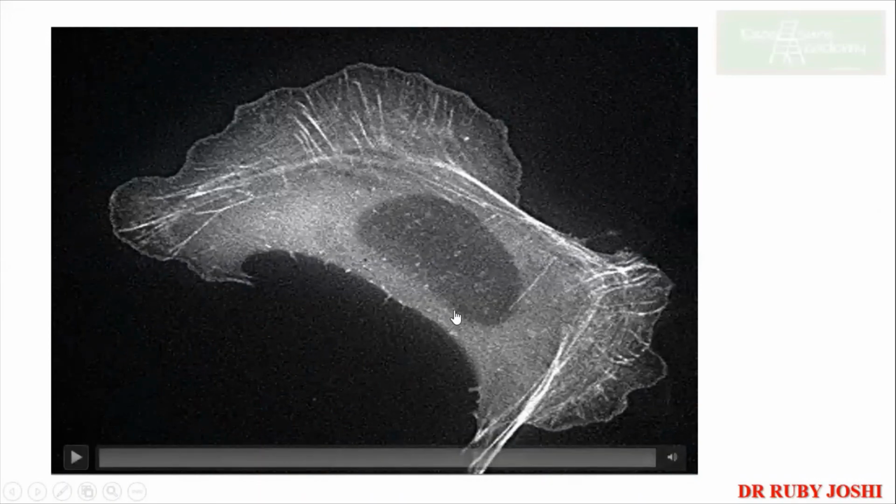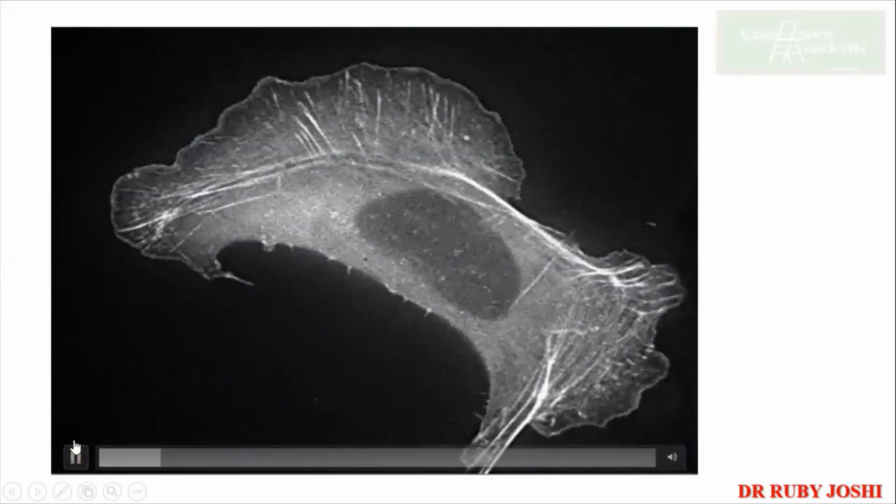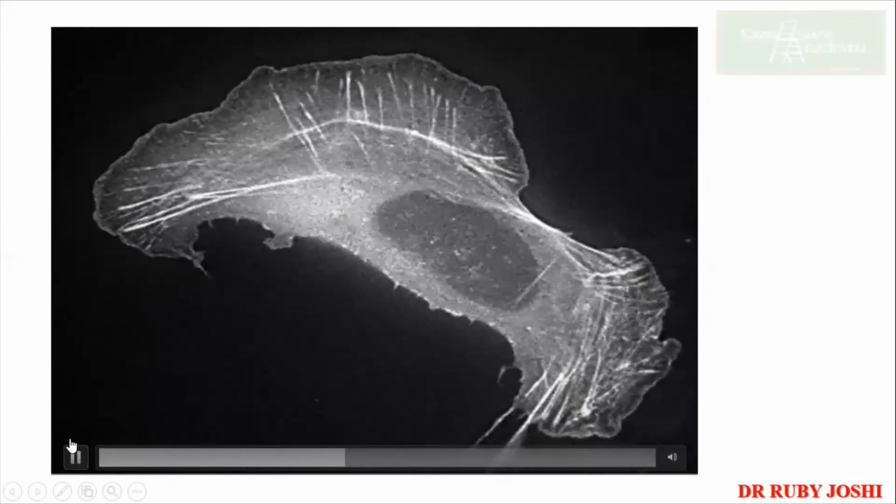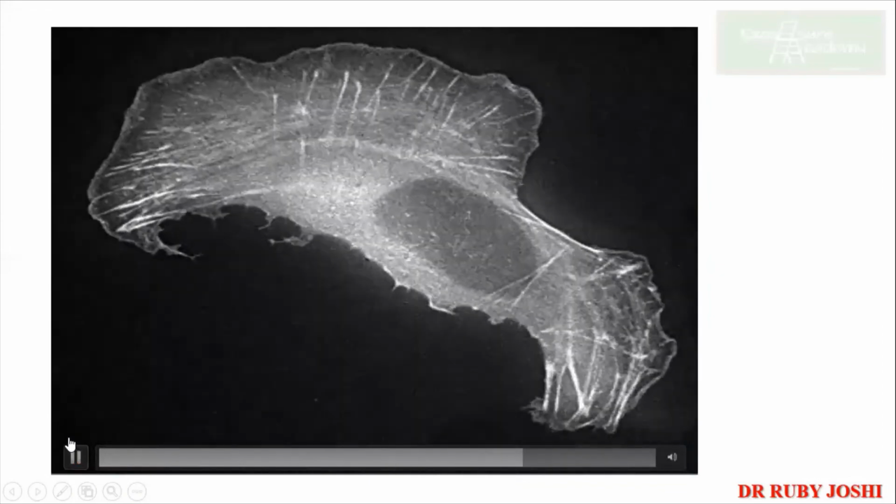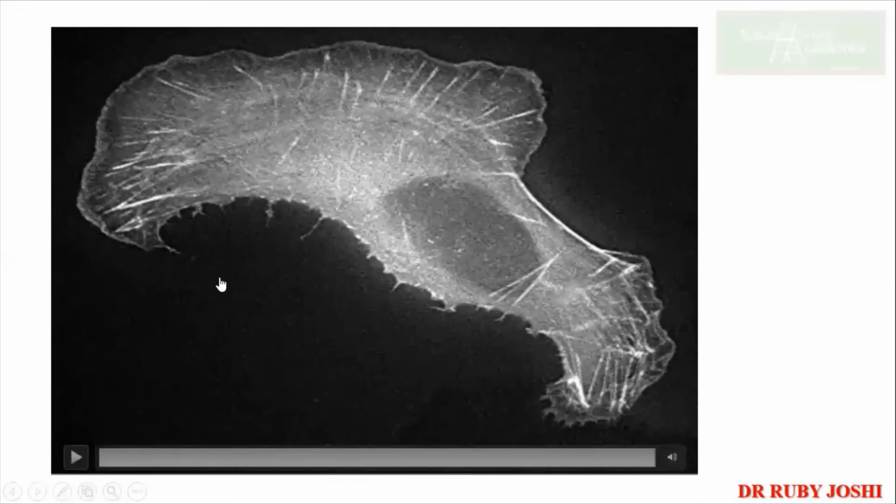Now this is again another image. Can you see the movement of the cell? ध्यान देना, ये जो cell है, right? It's not like it is only from one particular region; it is moving towards that side. Okay, front की तरफ जा रहा है. But what you will see is the stress fibers moving ऐसे, जैसे पानी की तरह.